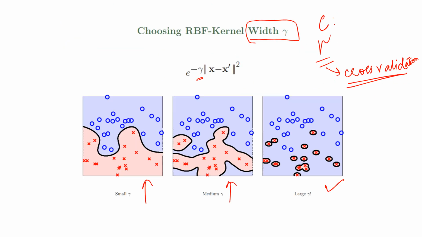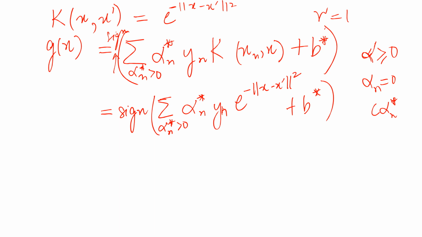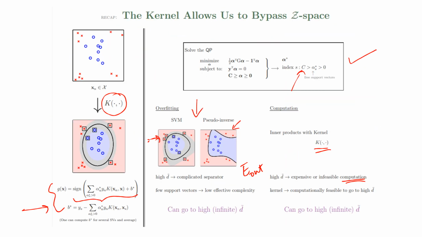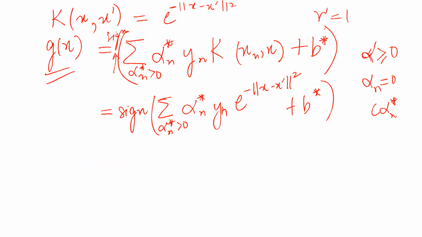I just substituted this here, right? And yeah, so this is my final g of x. I was just thinking of whether I should rewrite the value of b or not, but I think that's already known. We talked about it last time, we know how to get b. So that's fine, let's leave it as it is.